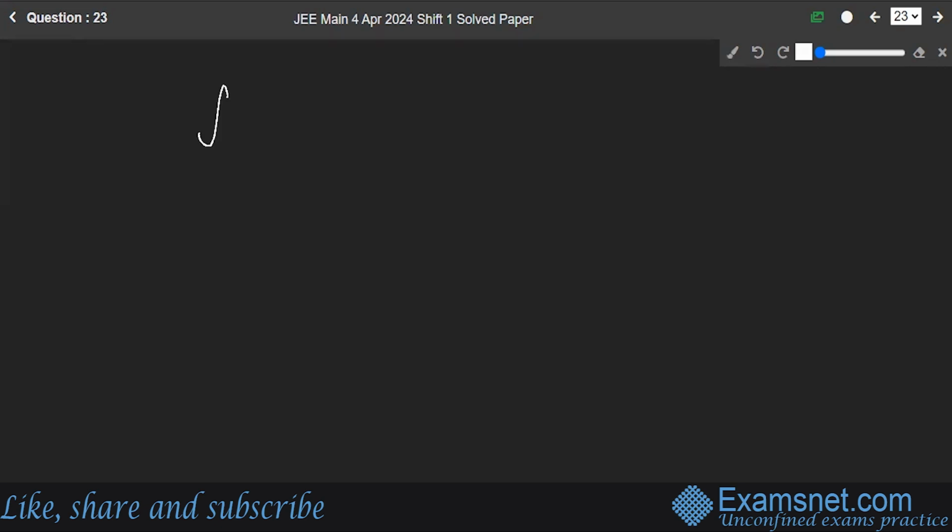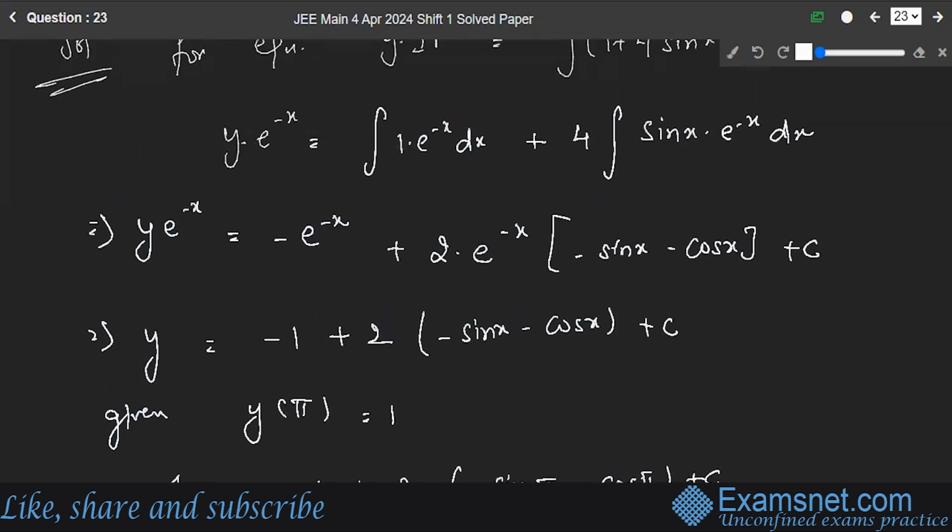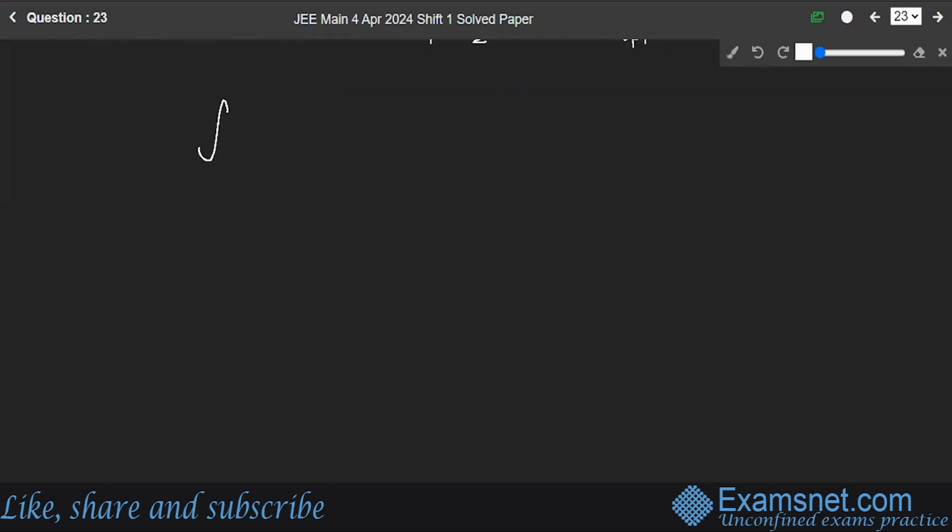So it was the integral of sin x into e raised to power minus x dx. I'm taking sin x as the first function.